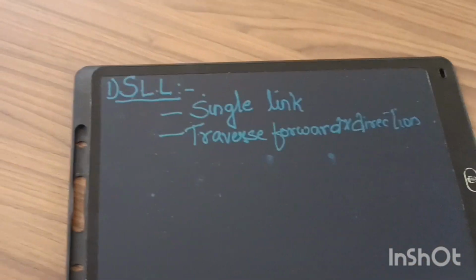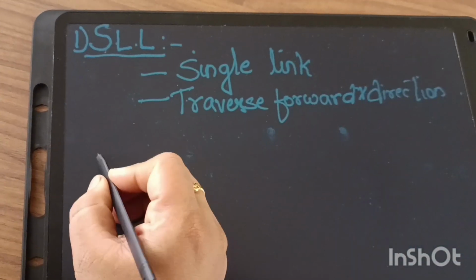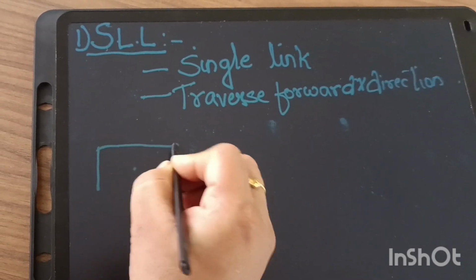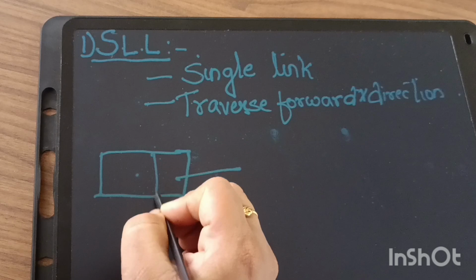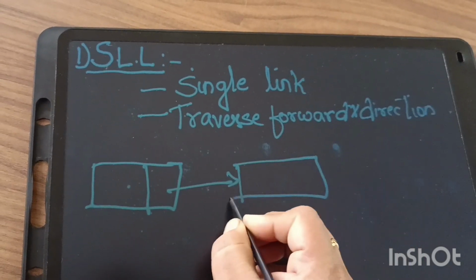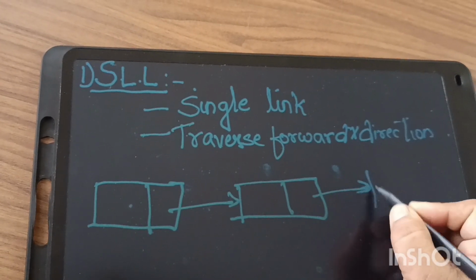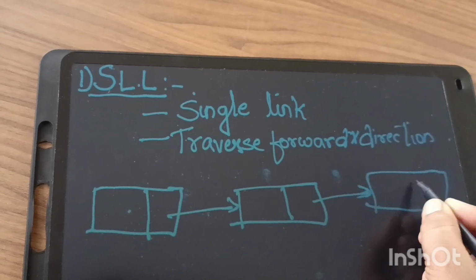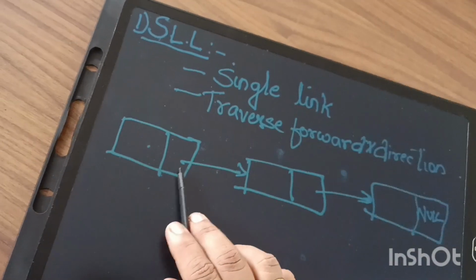So it is the normal linked list, what I have explained in the last video, the same thing. From one node there is only a single link, which will tell the address of the next node.